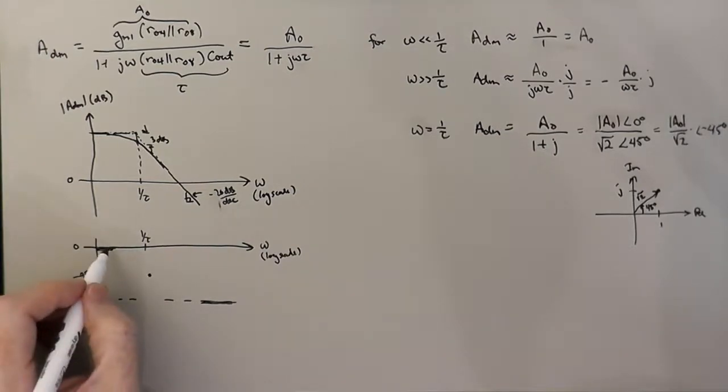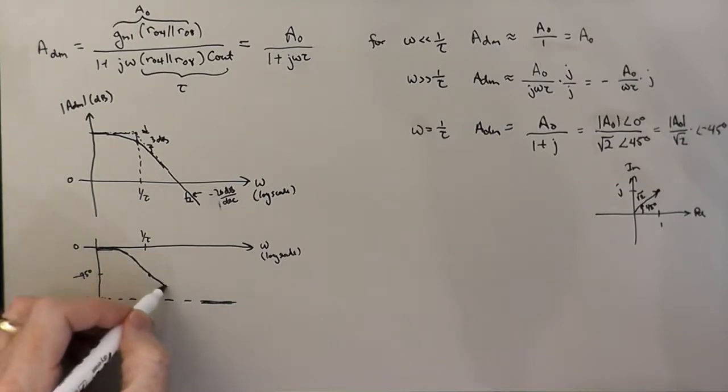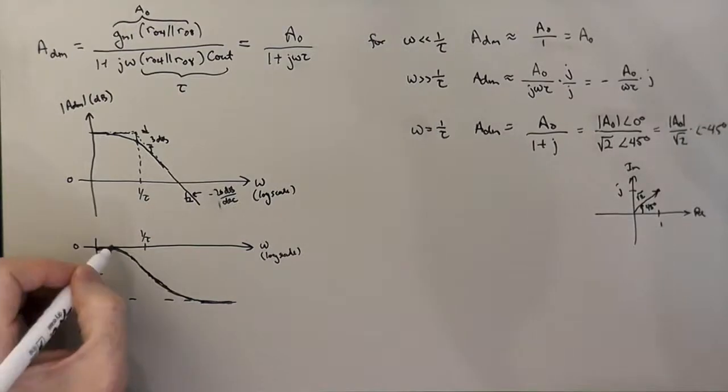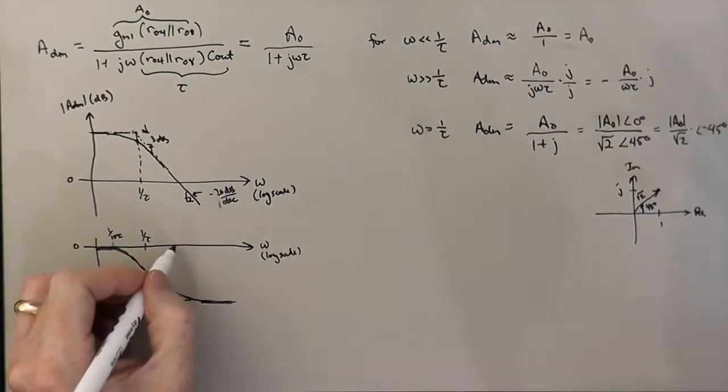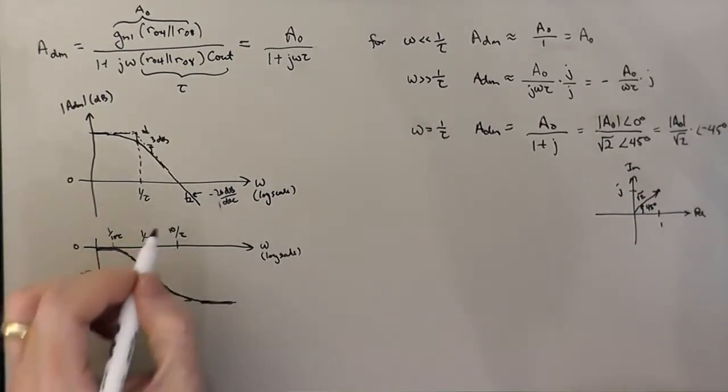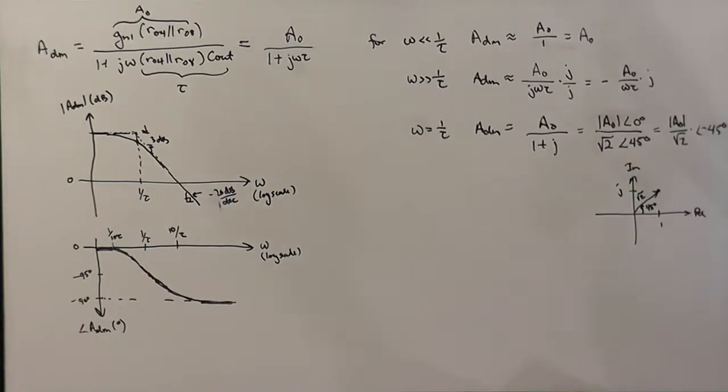And basically what happens is that this change in magnitude or change in angle starts about a factor of 10 below. So this would be 1 over 10 tau, and it finishes up by about 10 times the corner frequency.